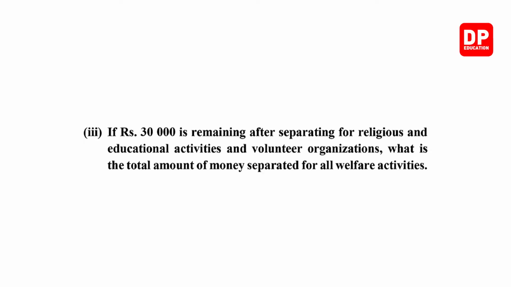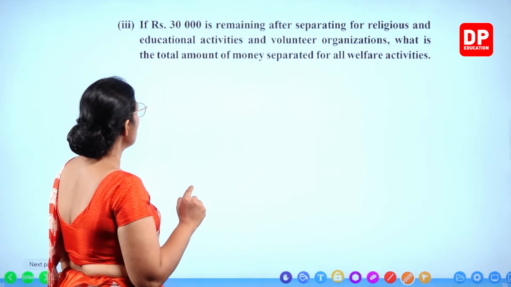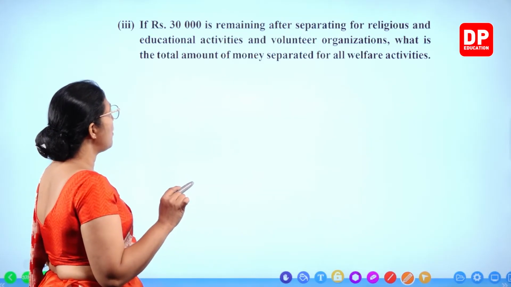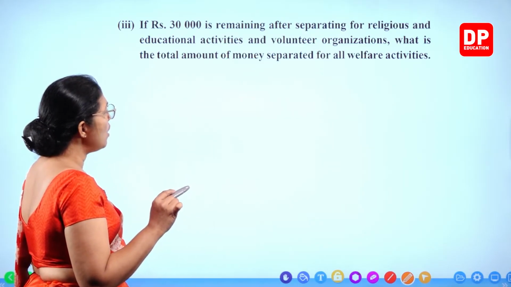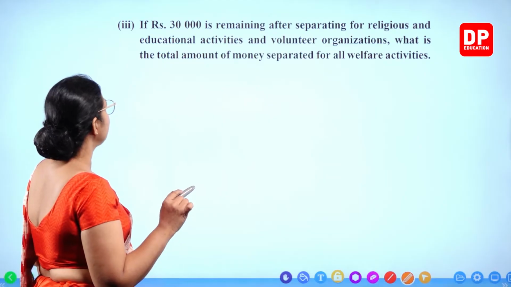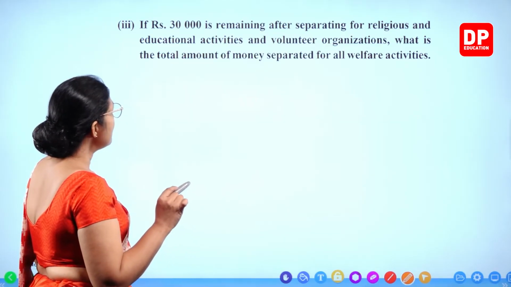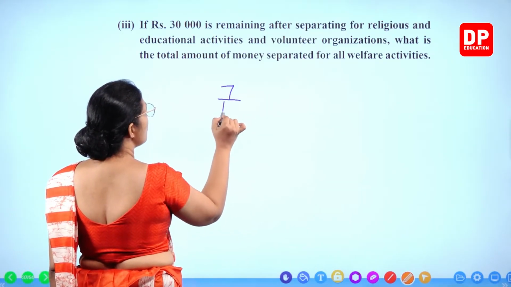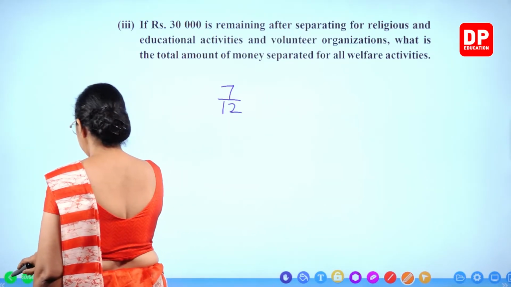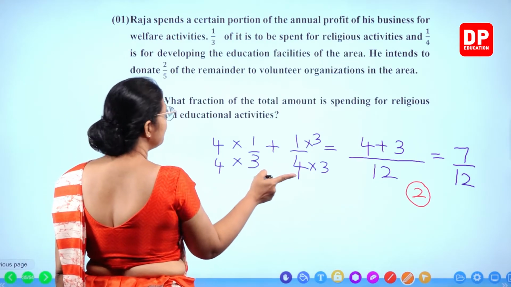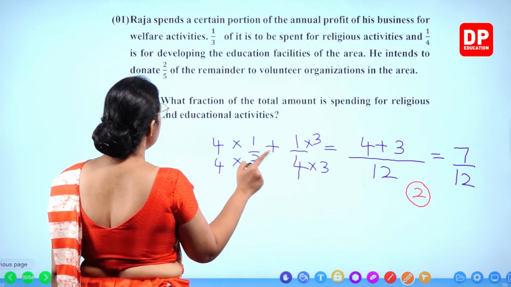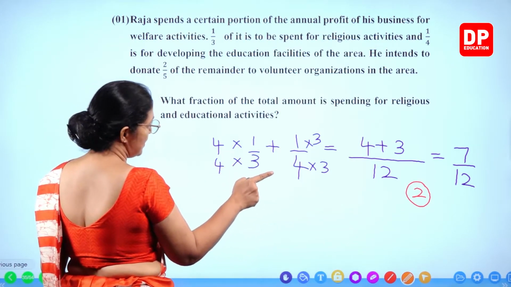Then if 30,000 rupees is remaining after separating for religious and educational activities and volunteer organizations, what is the total amount of money separated for all welfare activities? So what is the remaining amount? Here, the first 2 parts are 7/12, for religious activities and developing the educational facilities.